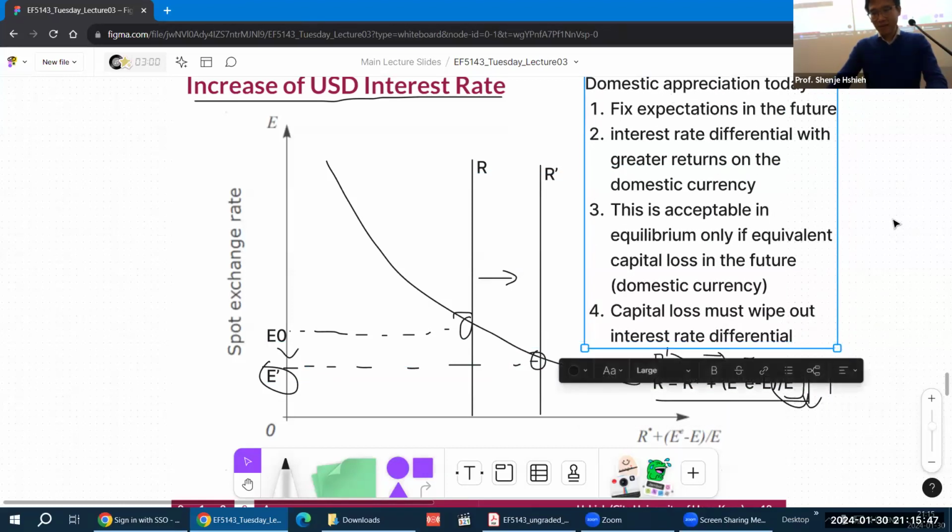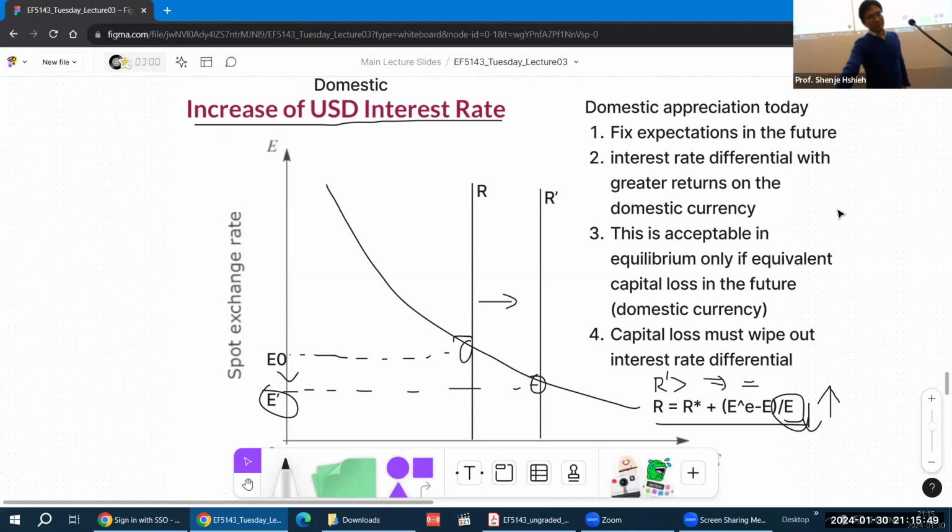That's the economic argument. You have expectations being fixed, anchored, you have rational expectations, you have an interest rate differential that is now greater than the expected depreciation of the home currency. That's not sustainable because carry traders will come in. So that means that something must happen to the spot rate so that there is enough room for the currency to depreciate.